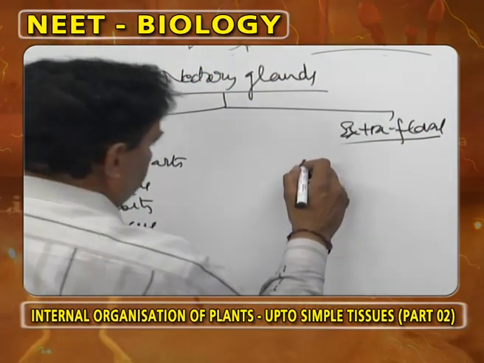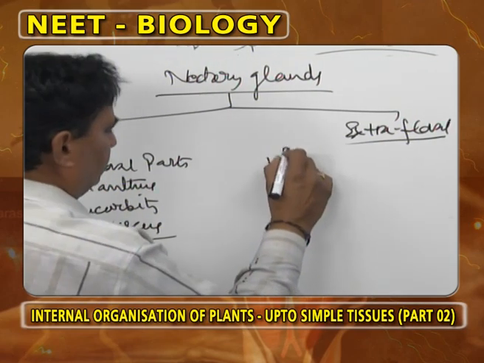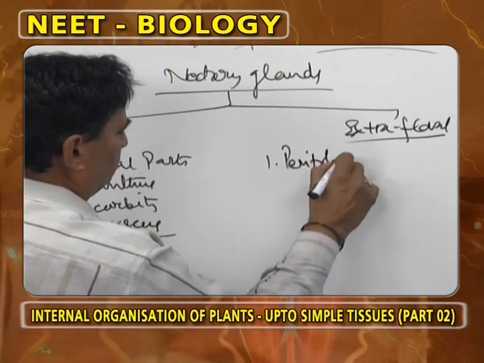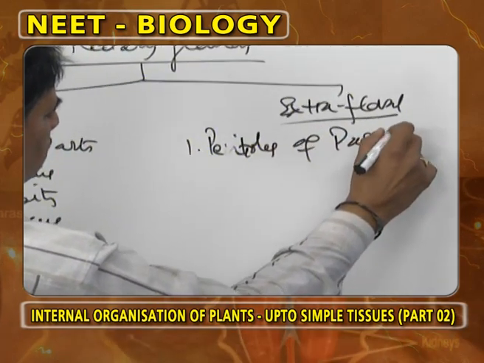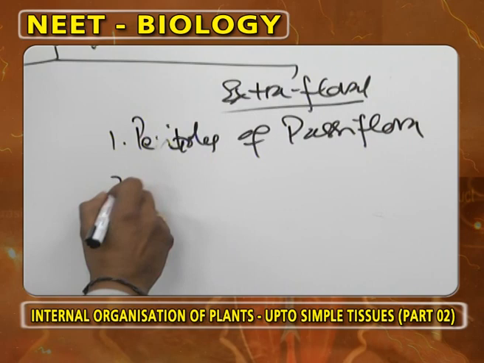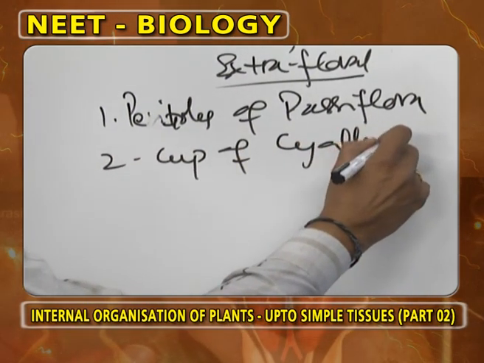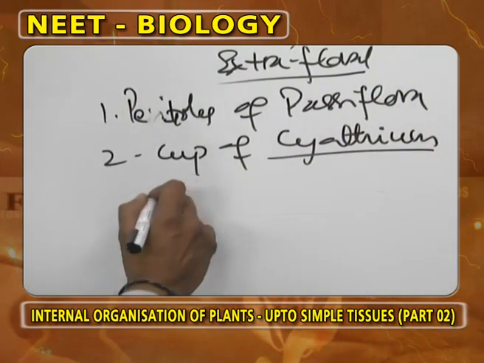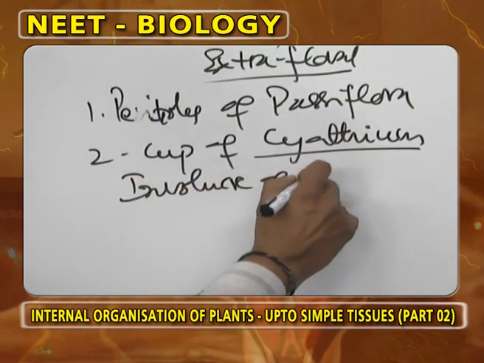Extrafloral nectaries means on any other part except on floral parts. They are found on the petioles of Passiflora. Then they are found on the cup of Cyathium inflorescence in Euphorbia and poinsettia. Cup is formed by the fusion of involucre of bracts.